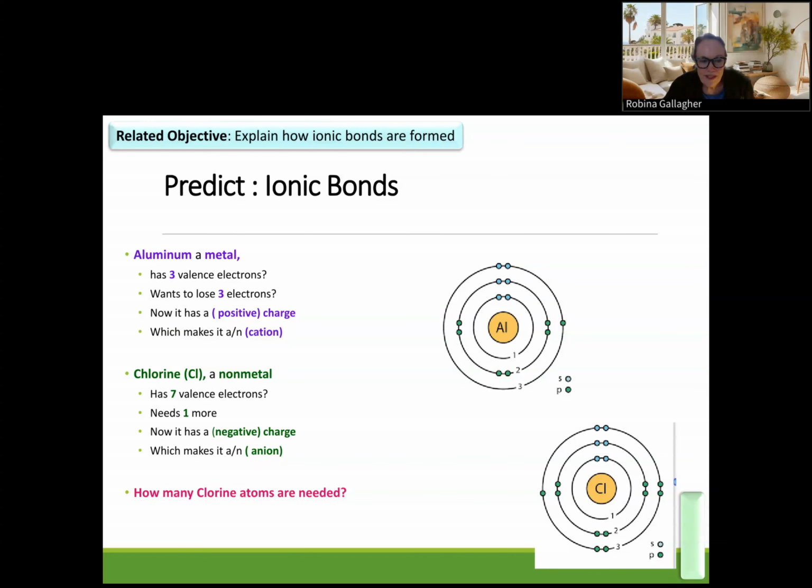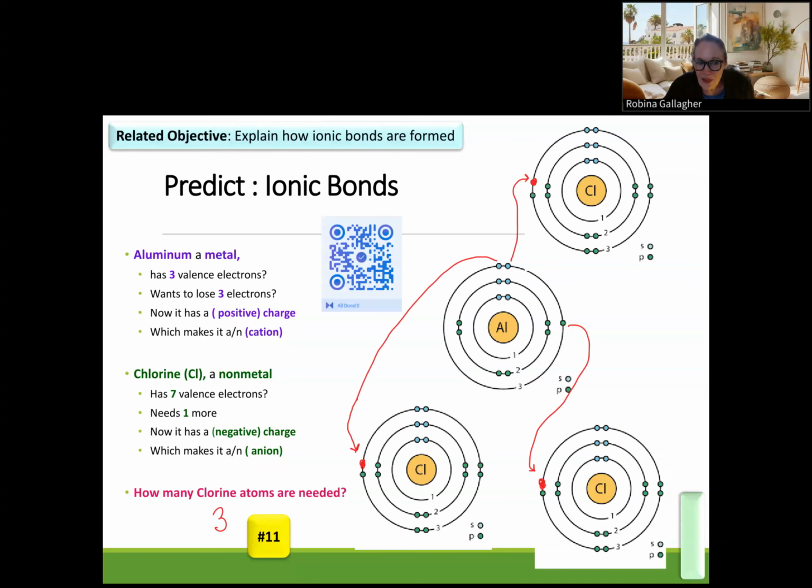Yeah, exactly. It needs 3. And aluminum is going to give 1 electron to each one of the chlorines. And that's how ionic bonds work.